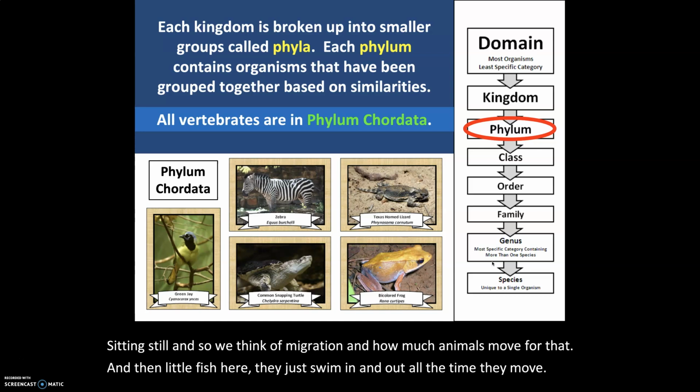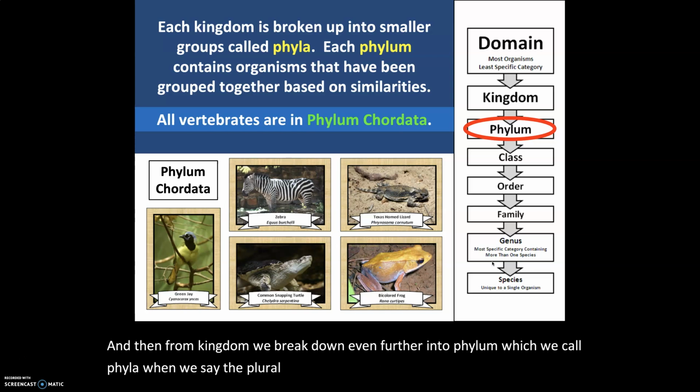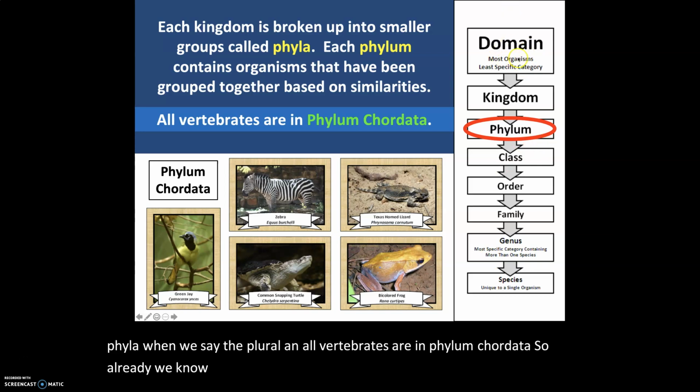And then from kingdom, we break down even further into phylum, which we call phyla when we say the plural. And all vertebrates are in phylum Chordata. So already we know we're in domain Eukarya, kingdom Animalia, phylum Chordata.